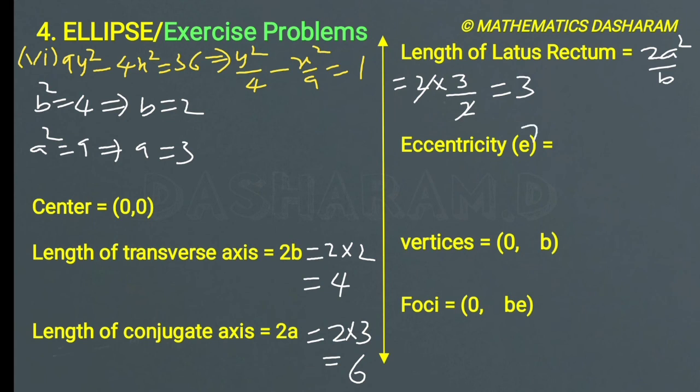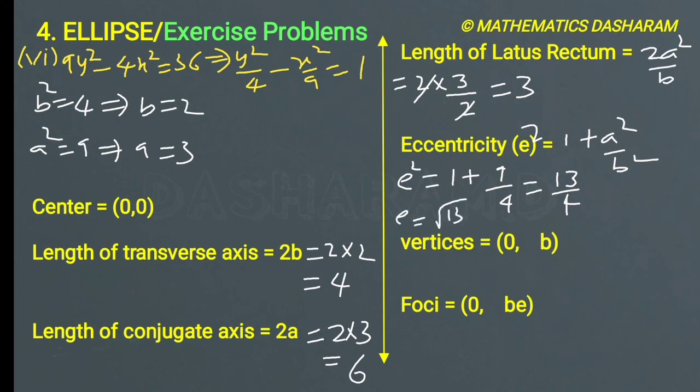Next eccentricity e square equals 1 plus a square divided by b square, then e square equals 1 plus a square value 9 and b square value 4. So then here 9 by 4, 1 plus 9 by 4 is 13 divided by 4. Then e equals root 13 divided by 4, then root 13 divided by 2.